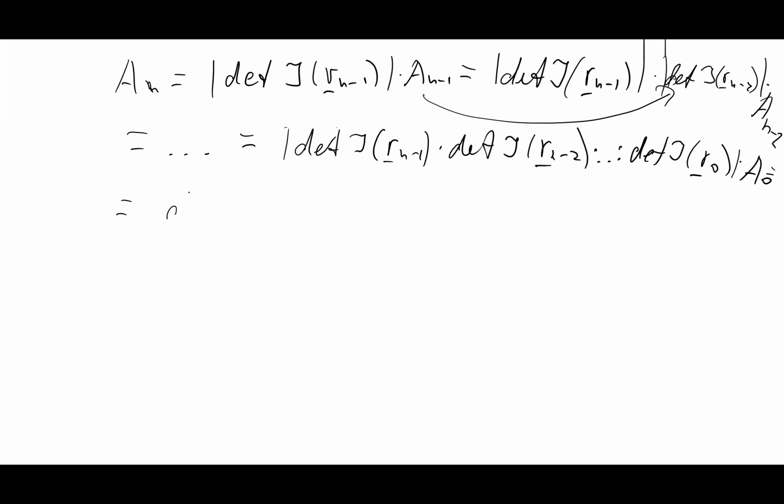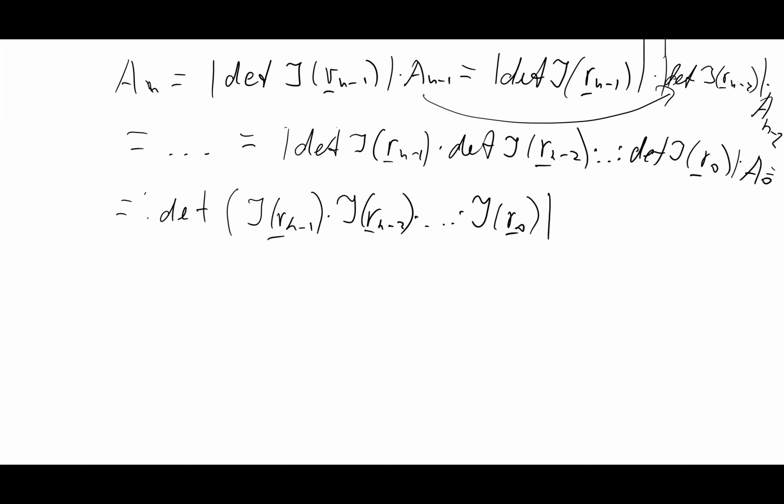This can be written, so we know the product of determinants equals the determinant of the product. Therefore, this will be the determinant of the Jacobian at R_{n-1} times the Jacobian at R_{n-2} times so on times the Jacobian at R_0, so the value of this determinant times A_0.